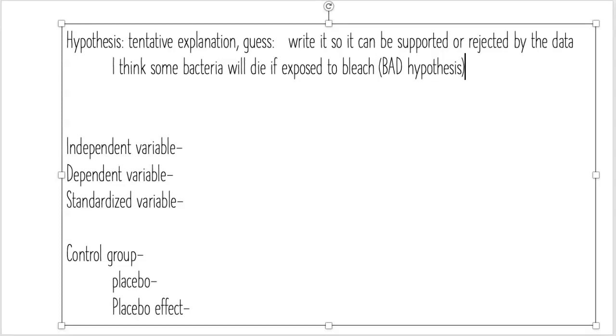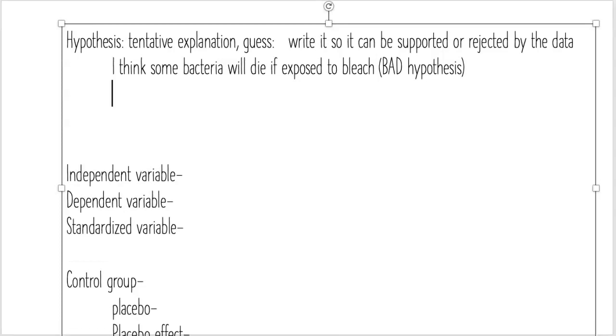How many are some? How can we get results? So let's say we're going to put bleach on a dish of bacteria and see if they die. How do we know they died from the bleach and not from something else? What's measurable? Some is not a measurable number.